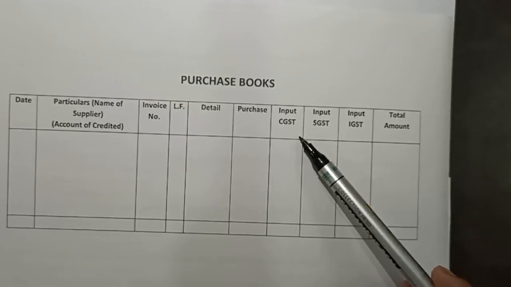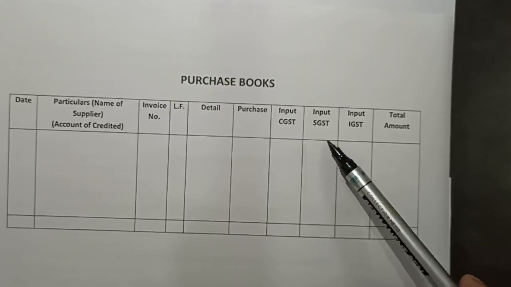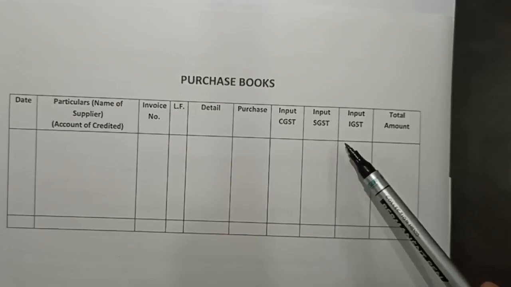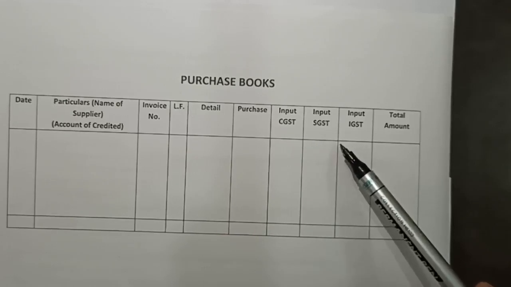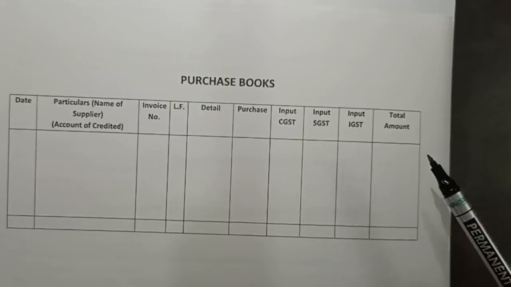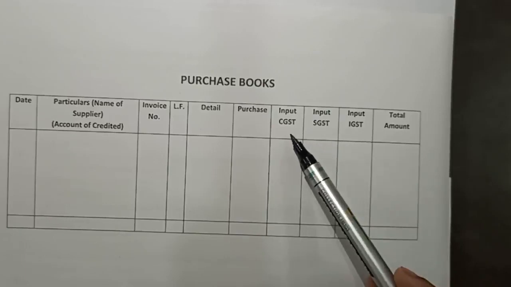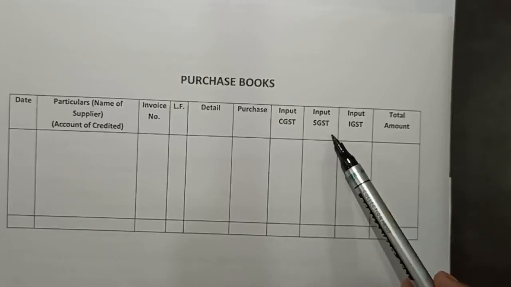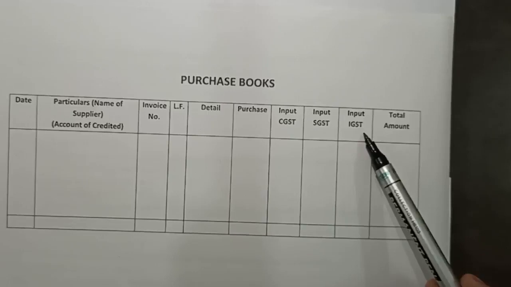All of you know about the GST, that is the goods and service tax. The GST, as you know, is bifurcated on the basis of interstate and intra-state transactions. If the transaction takes place within the state, we will have the CGST and the SGST. But if the transaction takes place between two states, we will have the IGST.